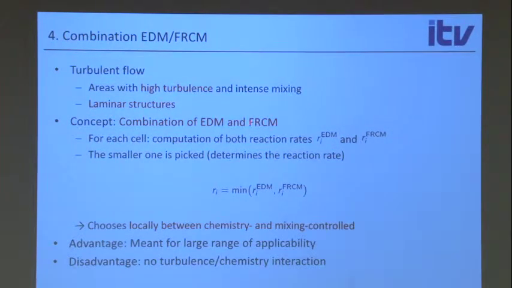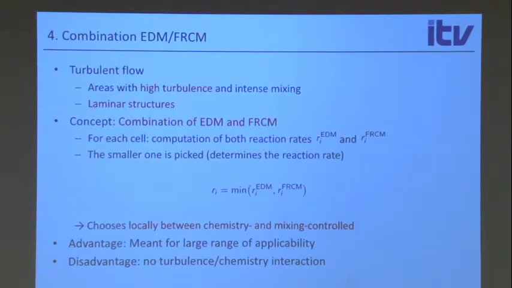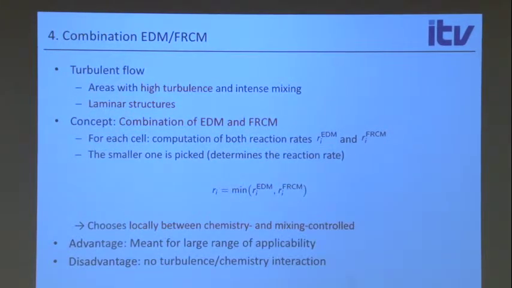So here, the idea is I have one reaction rate for assuming infinitely fast chemistry. I have one reaction rate assuming very, very slow chemistry. And then I just say, I always pick the smallest one of the two, because that must be the rate controlling process. And that's just what it is.